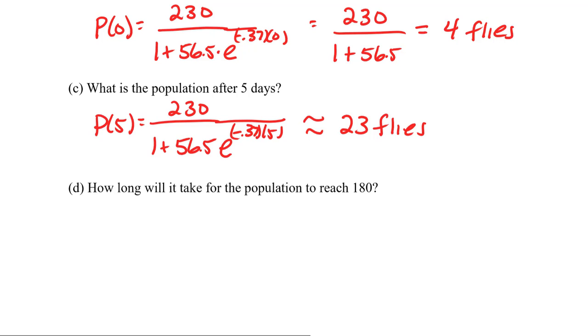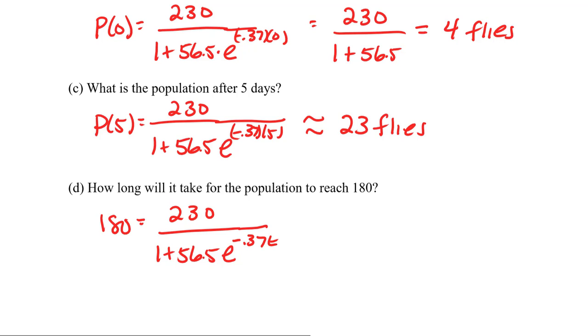And finally, part D, how long will it take the population to reach 180? So now I am going to replace P of t with 180. I'll rewrite my equation, leaving t as a variable. And now I need to solve for t. Now if I multiply both sides by the denominator and divide both sides by 180, I'm going to get that 1 plus 56.5 e to the negative 0.37t is equal to 230 over 180.